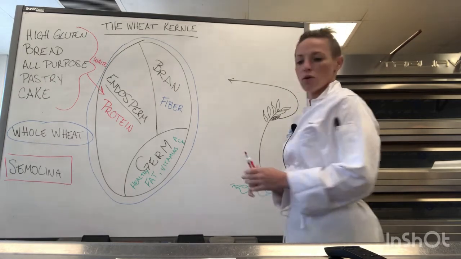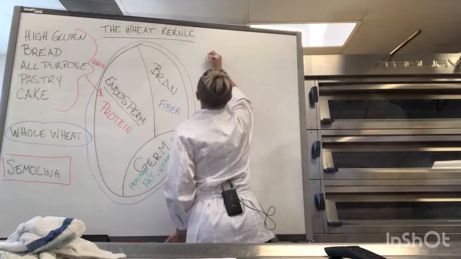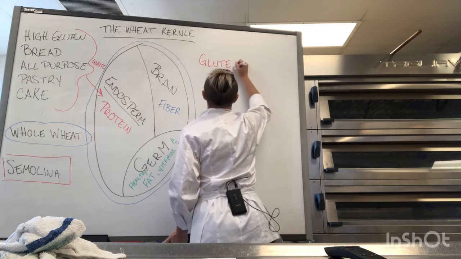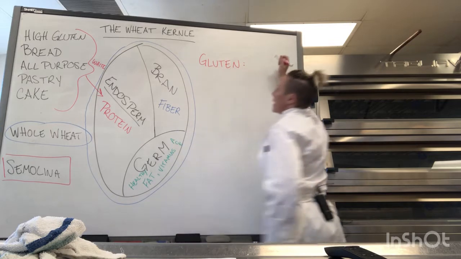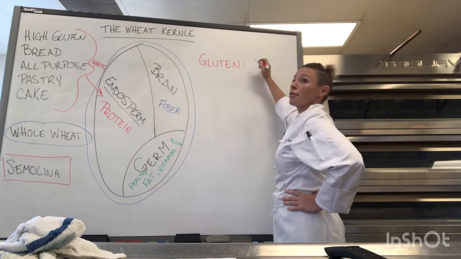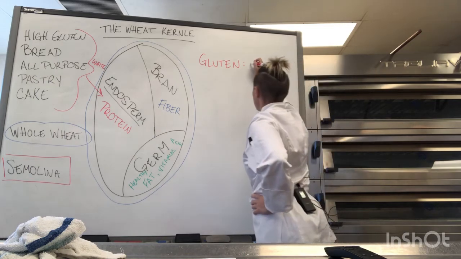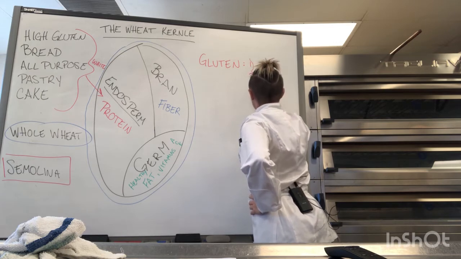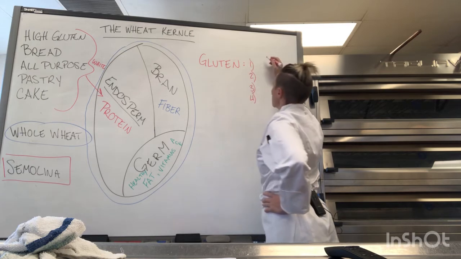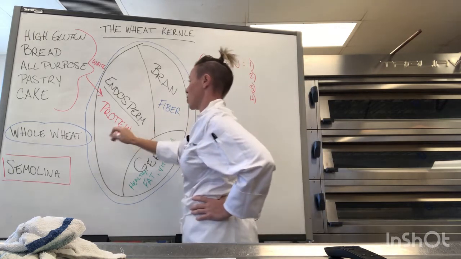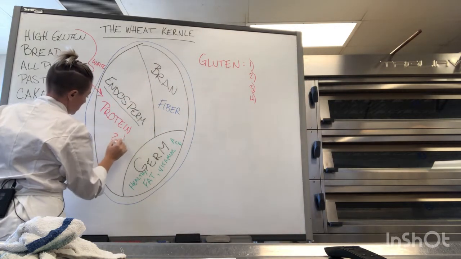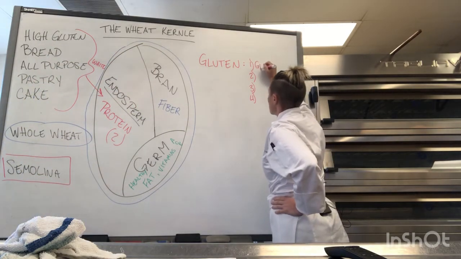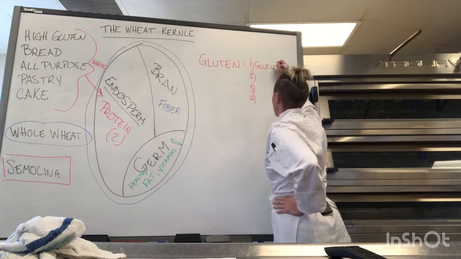Okay, so let me talk about gluten. There are 4 things you need to make gluten. You need your 2 gluten proteins found in the endosperm. Those proteins are called glutenin, and I'll type it into the chat for those of you at home.